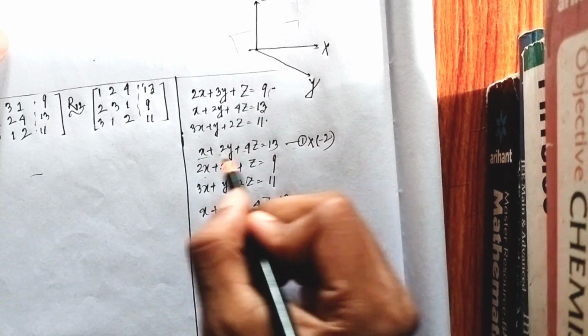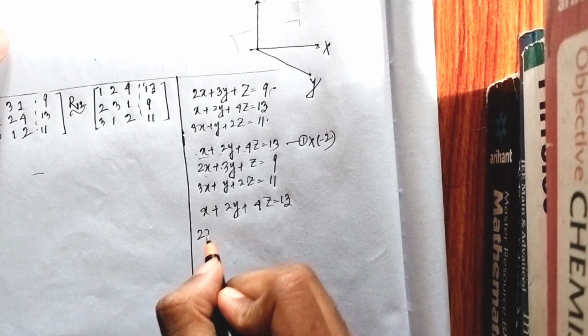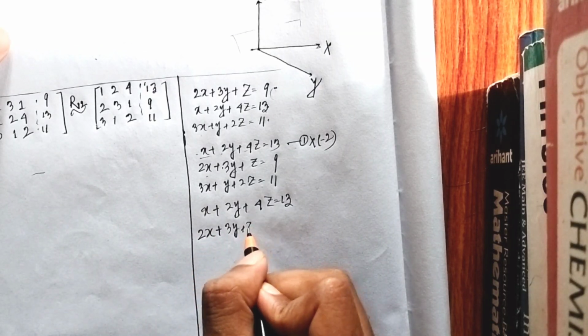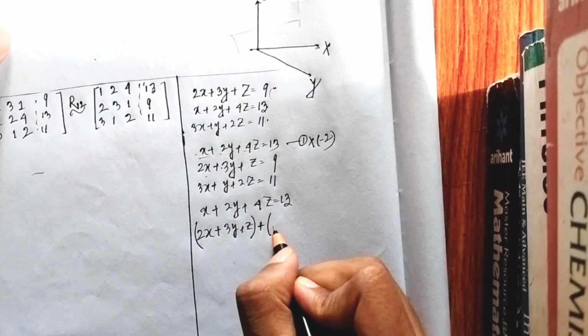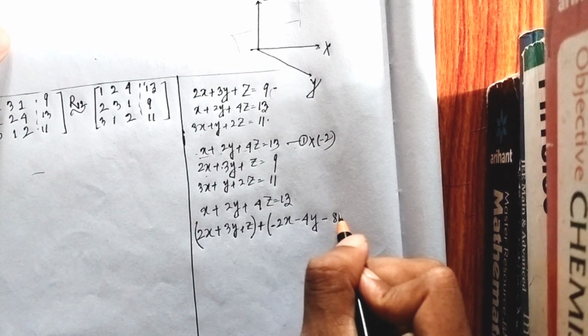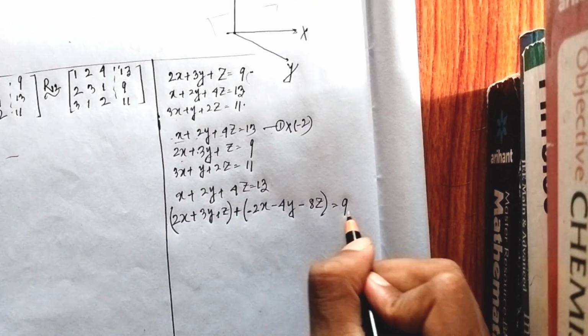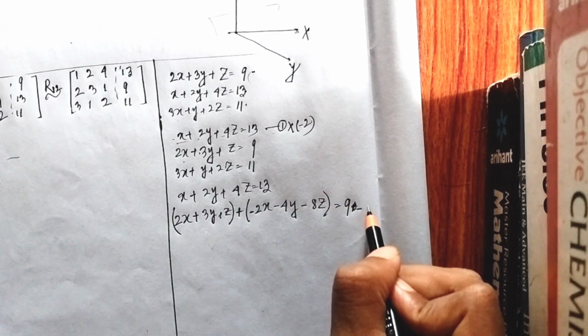So we multiply it with -2, that means -2x. Okay, so that means we will have 2x plus 3y plus z, and after multiplying it, plus -2x minus 4y minus 8z, and ultimately 9 minus 26.